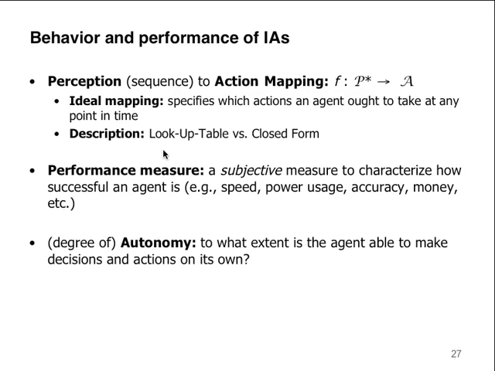So behavior and performance of AI. We have the perception, or the percepts, which is the sequence. This is where the action mapping comes into place. So we come up with a map for the perception, which is a flow chart of the sequence of events that's going to occur. We have ideal mapping, which specifies the actions an agent ought to take at any one moment in time.